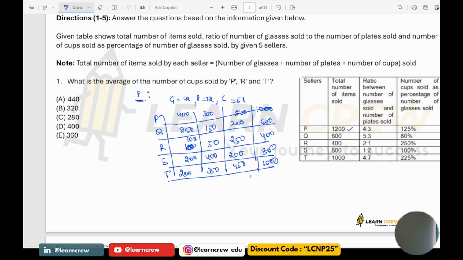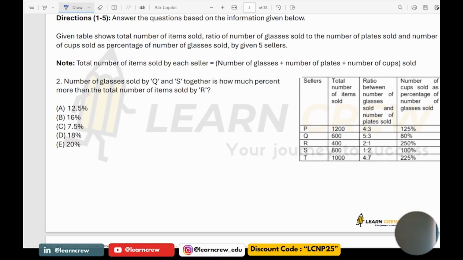Now, what is the average number of cups sold by P, R and T? 500 plus 250 is 750, 750 plus 400 is 1150... 1200 by 3, the answer is 400. Next, the second question: the number of glasses sold by Q and S together is what percentage more?